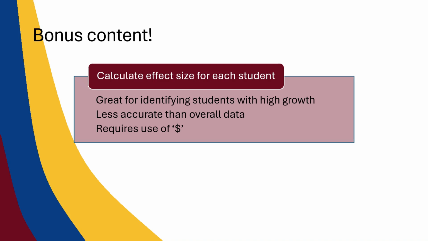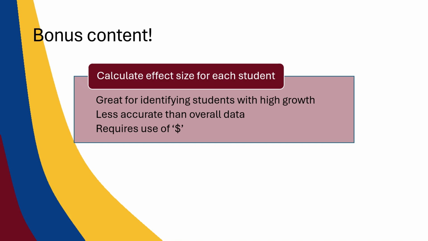I should warn you though, an effect size for each individual student is far less accurate than the effect size for students as a whole cohort. When we get the effect size for students as a whole cohort, some of the anomalies in student data sort of cancel each other out.